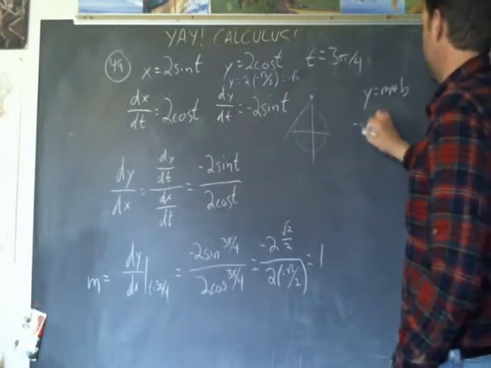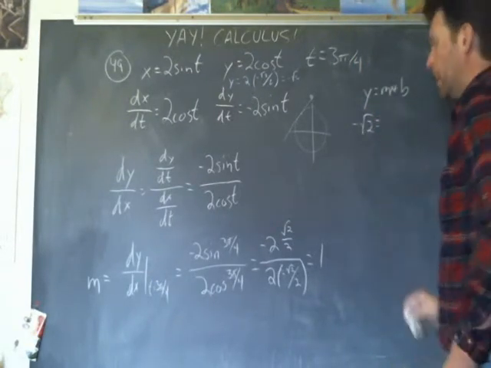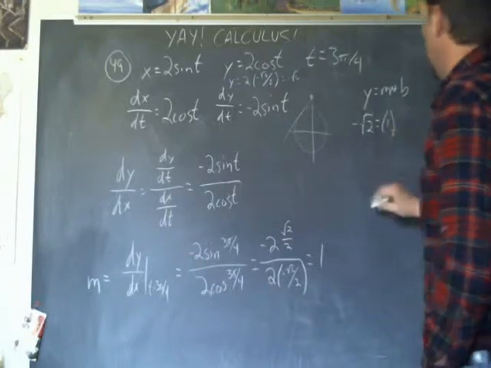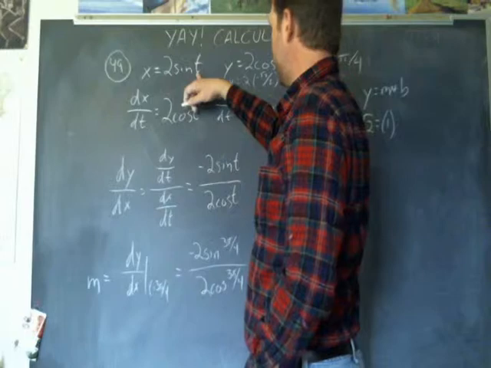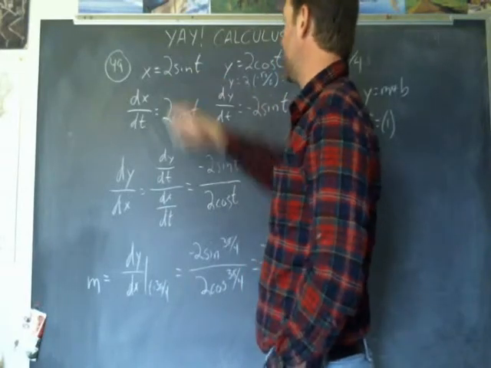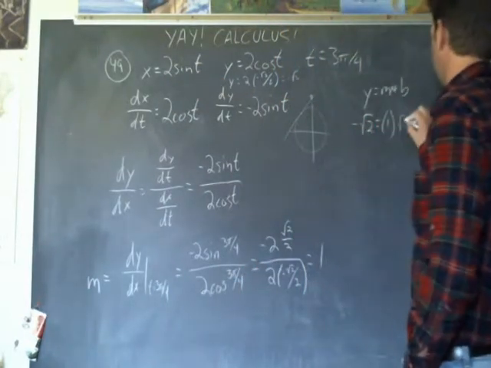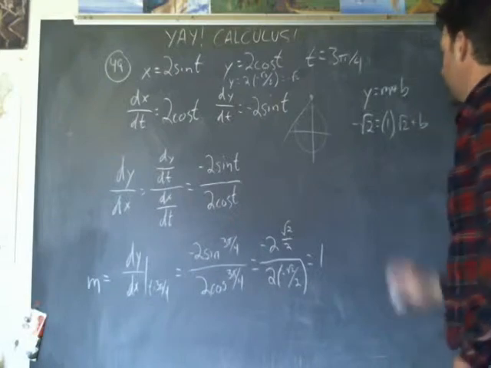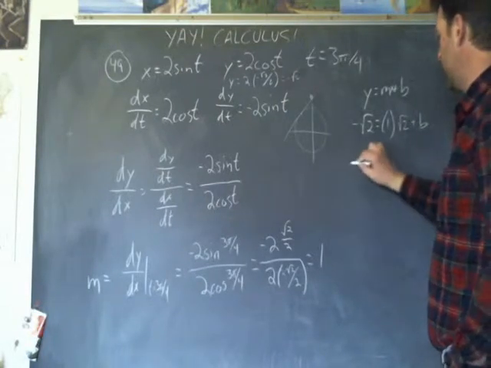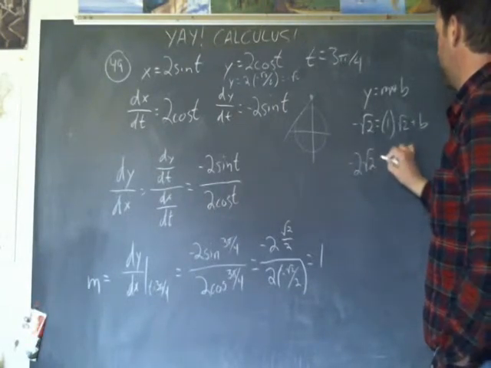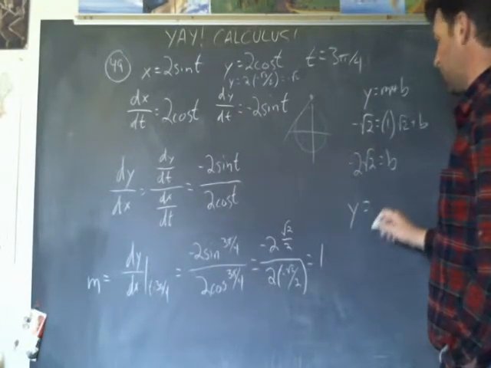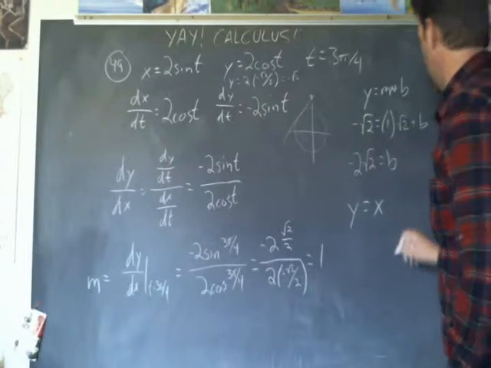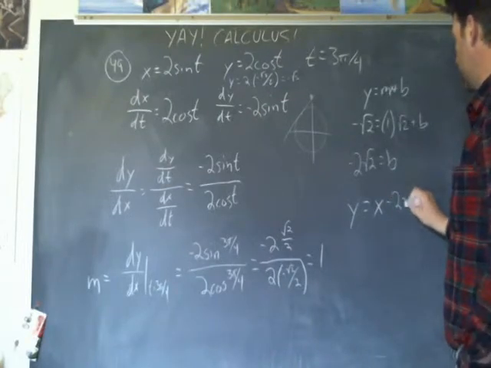Negative radical 2 equals m, the slope is 1, x, sine of 3 pi over 4 is radical 2 over 2, times 2 is just radical 2. b, we'll subtract radical 2 from both sides. Wind up with y equals our slope, which was 1, x minus 2 radical 2.